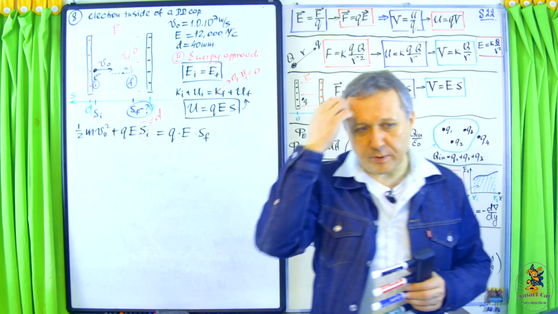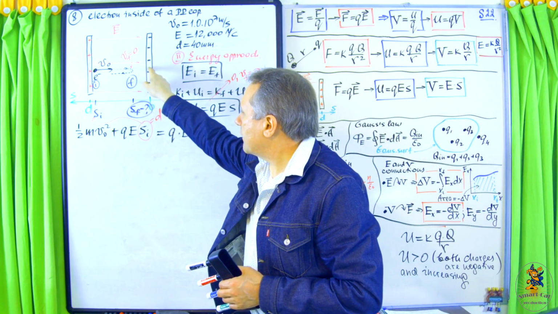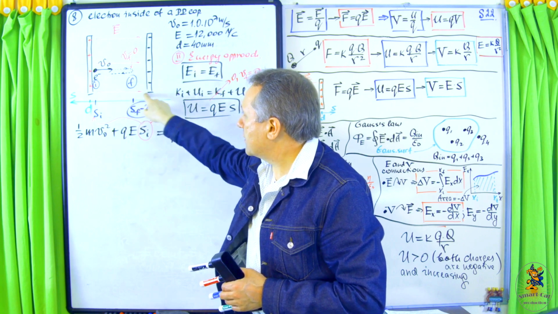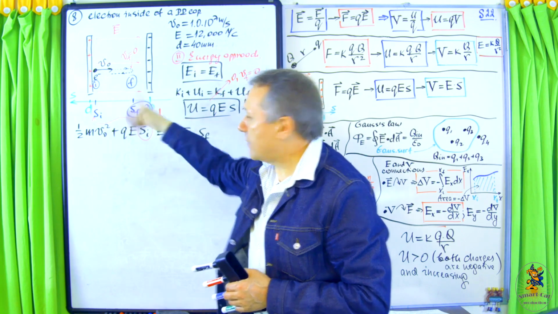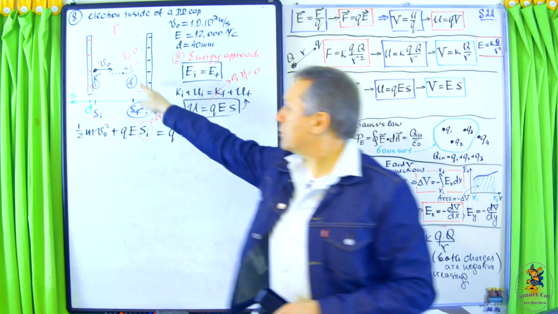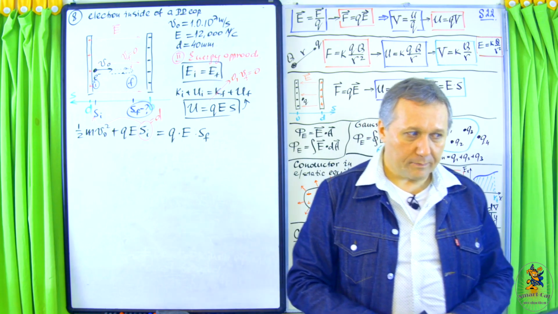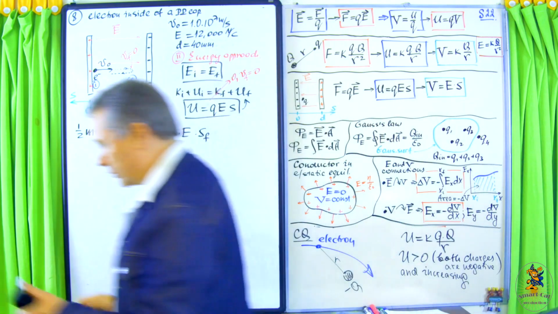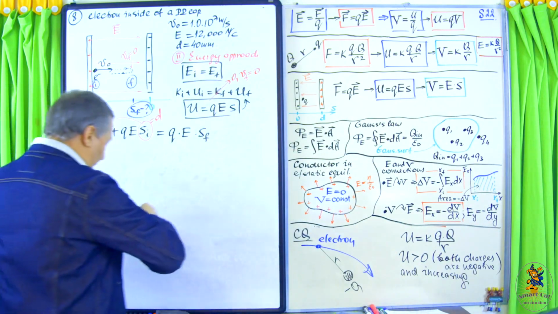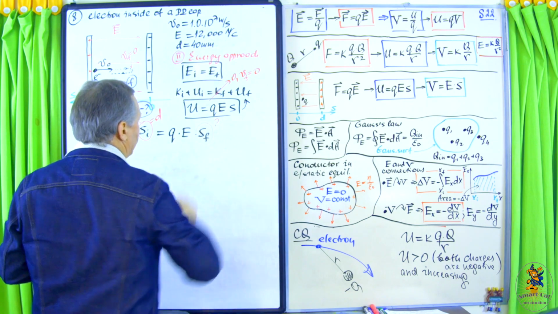Actually, the question asks how close the electron is going to reach the negative electrode, but basically it's this distance, so it will be D minus S final. Once you find S final, D minus S final will be the distance that the problem wants to know. But for now, effectively, I can say that S final is our unknown.